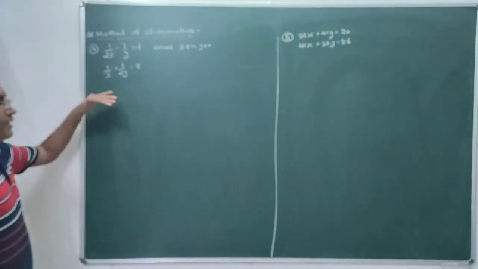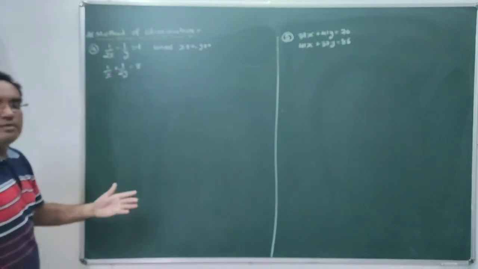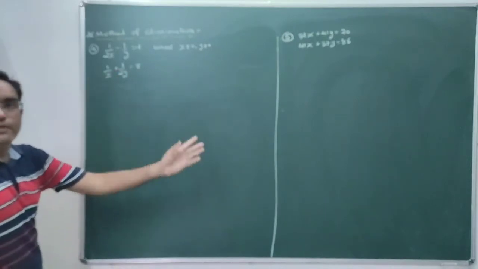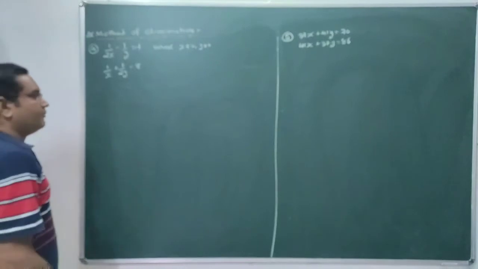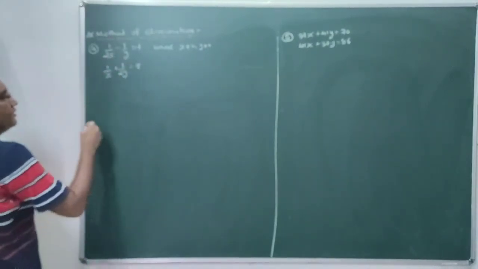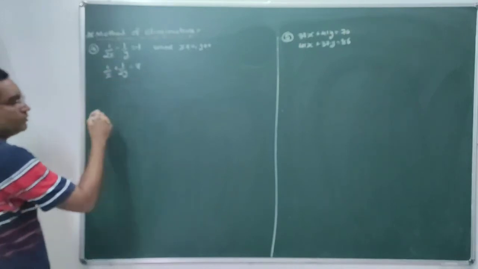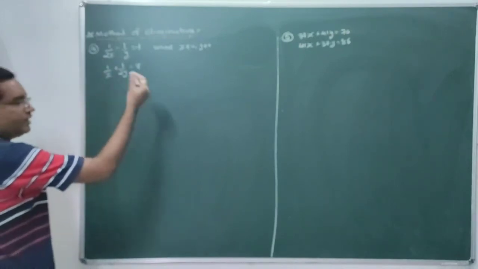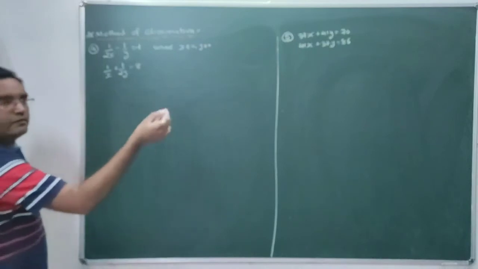Reducible means they can be converted into linear equations by the assumption of other variables. So how can it be solved? Here our problem is that x and y are both in the denominator. So to convert these equations into linear equations, we consider other variables.